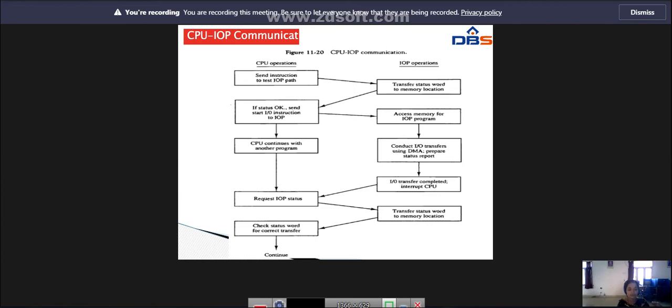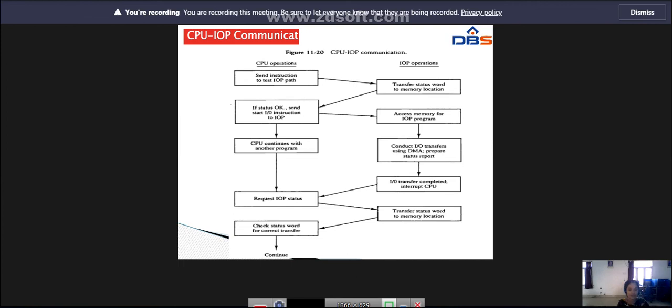The CPU responds to the interrupt by issuing an instruction to read the status from the IOP. The IOP responds by placing the content of its status report into a specified memory location.